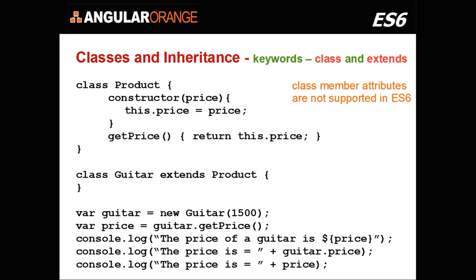So now if I get price, there's different ways I could log that. I could log it in a string. I could log guitar.price. I could just list the price.